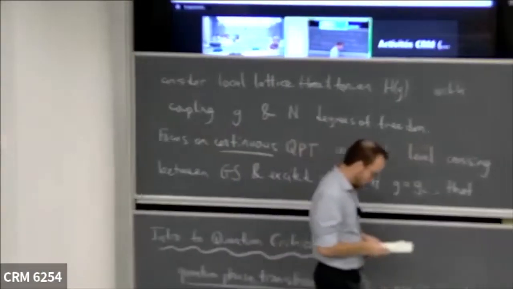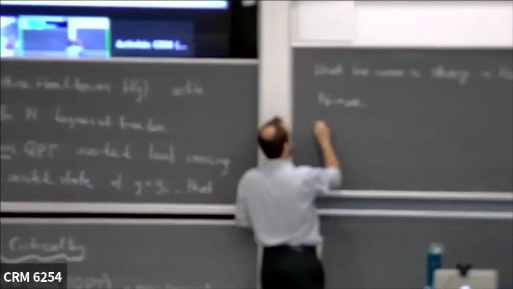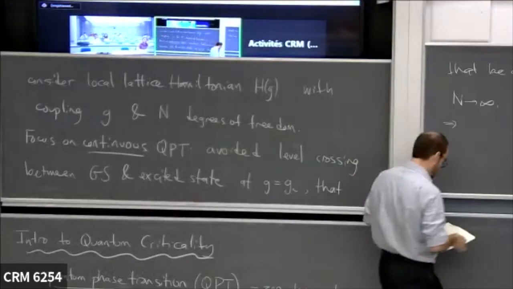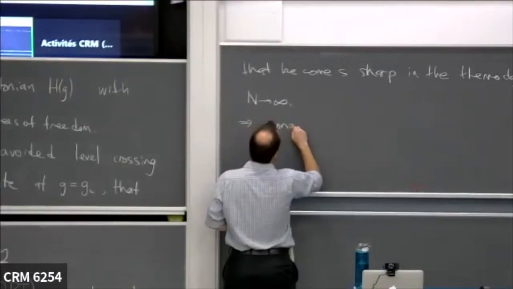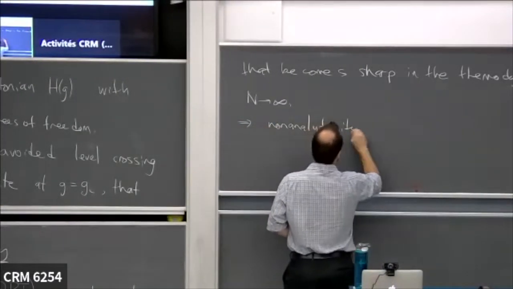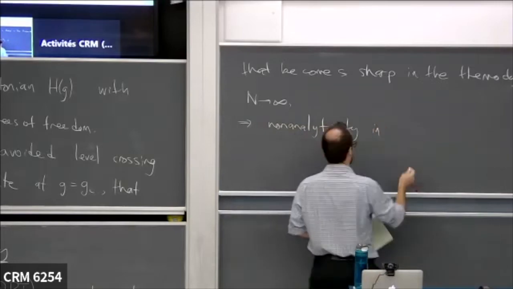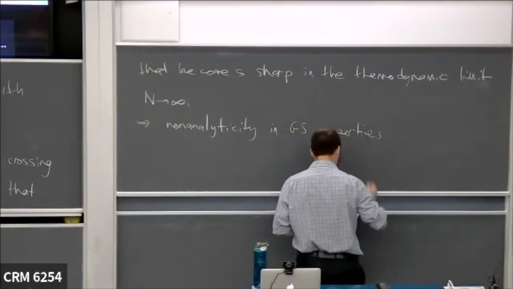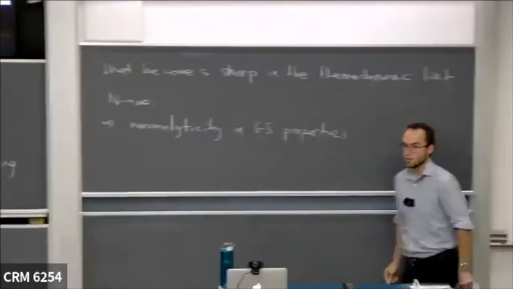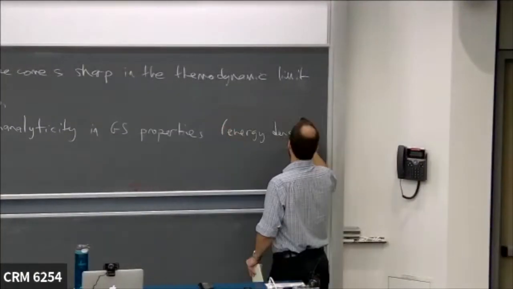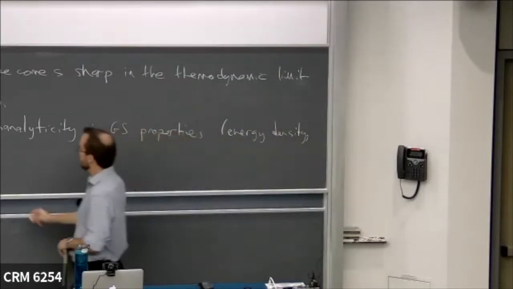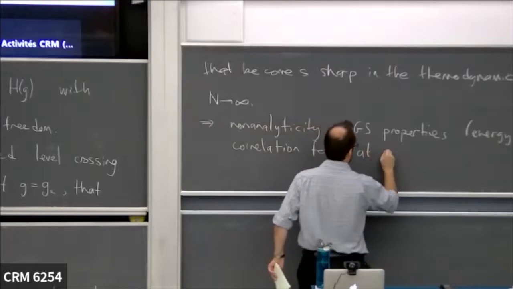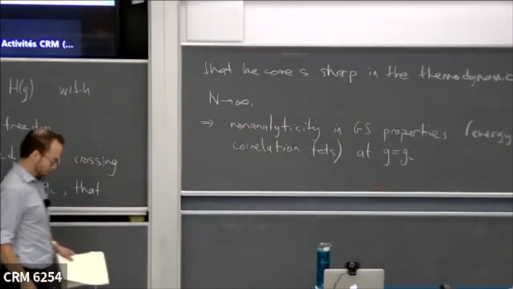Okay, and so what this means is that because of this crossing that becomes sharp, we'll have some non-analyticities in thermodynamic properties, say ground state properties, for example, the energy density, correlation functions, precisely at this transition point.